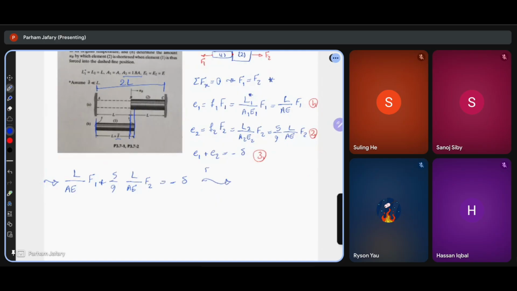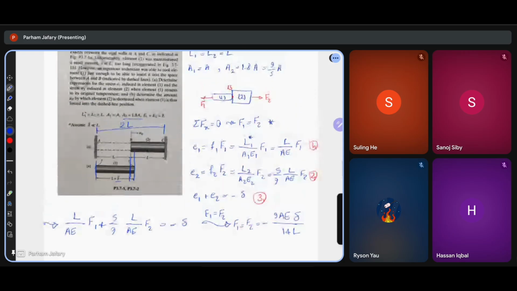Taking into account that F1 is equal to F2, we can write that F1 equals F2 equals negative 9 times AE delta over 14L. Okay? This is simply calculated by taking the common denominator and adding up those fractions. Okay?